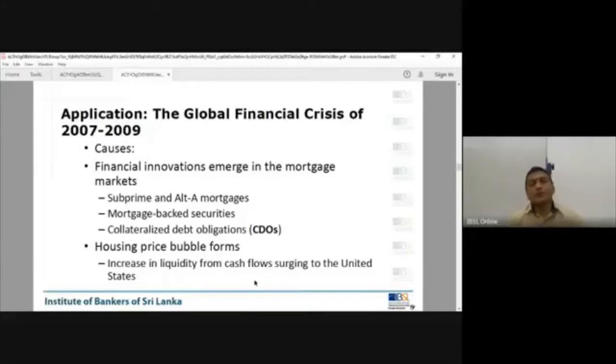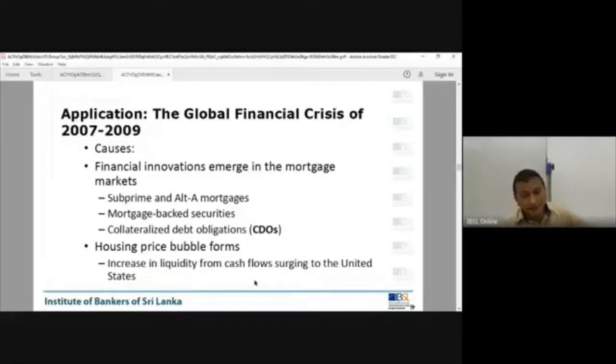So in the US too, by the early to mid 2000s, they were seeing this one-way traffic of asset price increases. Demand is always there, and everybody is seeing that prices are increasing. So nobody worried too much about what would happen if prices reversed, right?